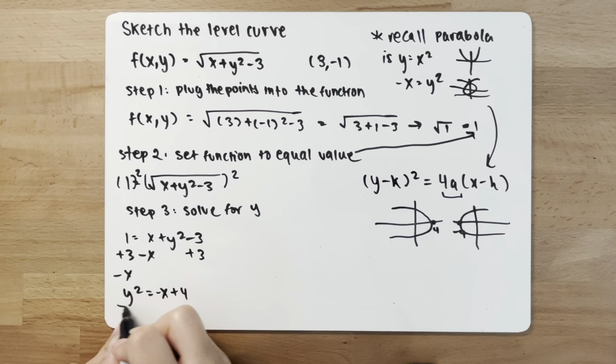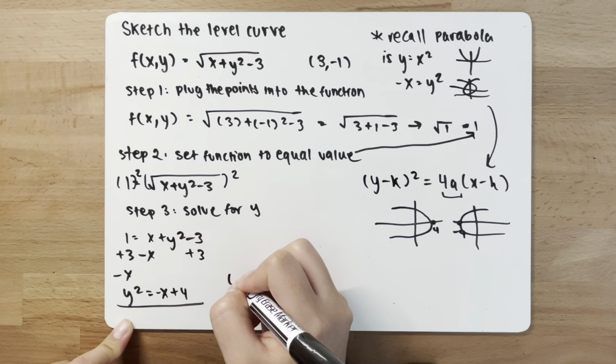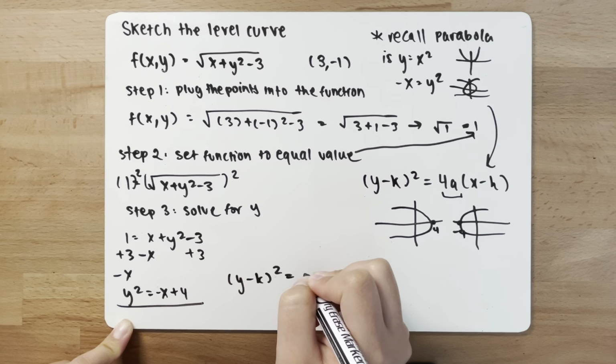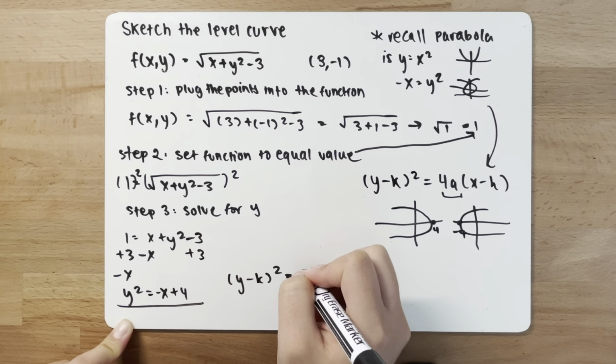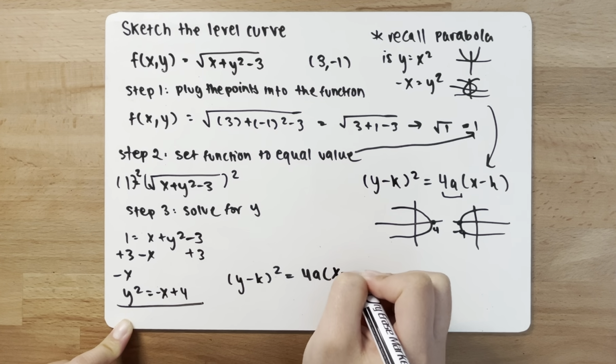now let's turn this equation into this form. So you have y minus k squared equals 4a times x minus h.